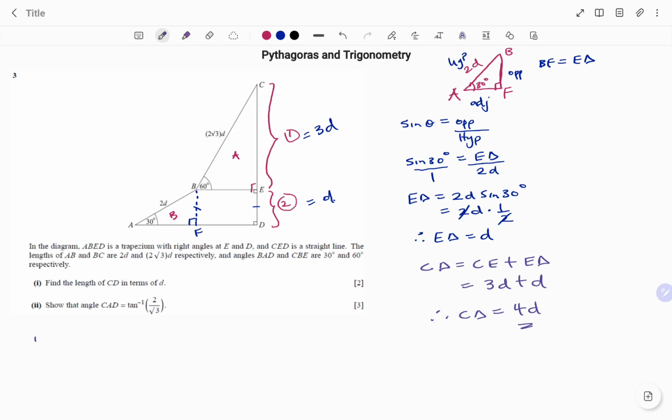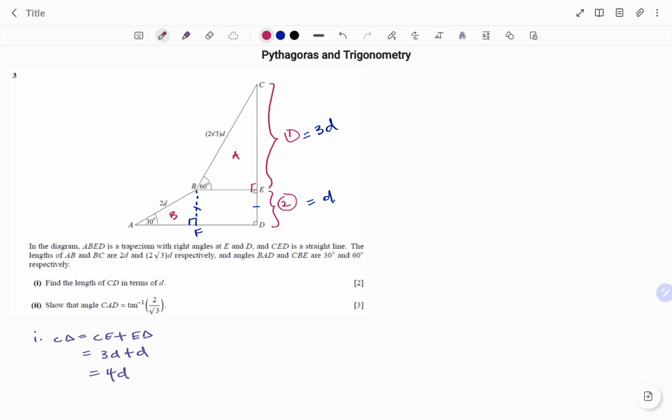So in summary, for the first part of the question, CD equals CE plus ED, which equals 3D plus D, and that would be 4D.